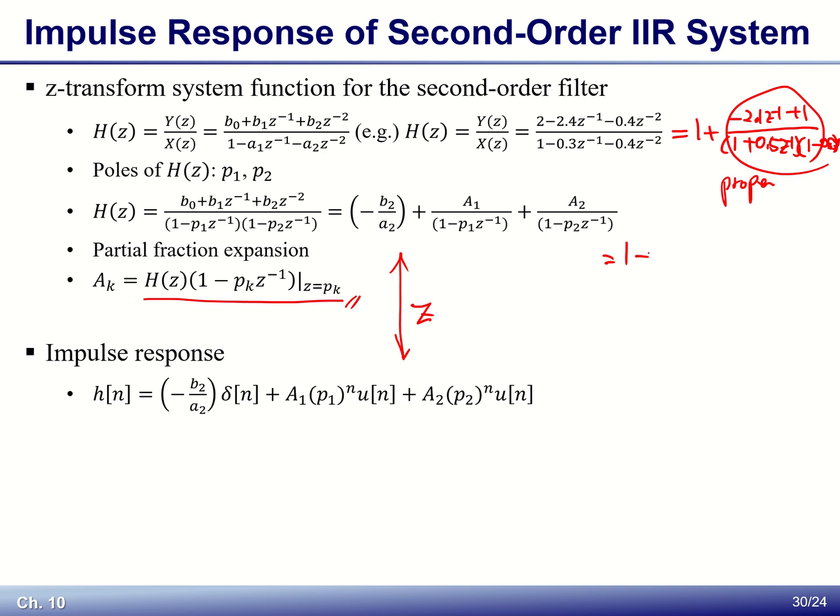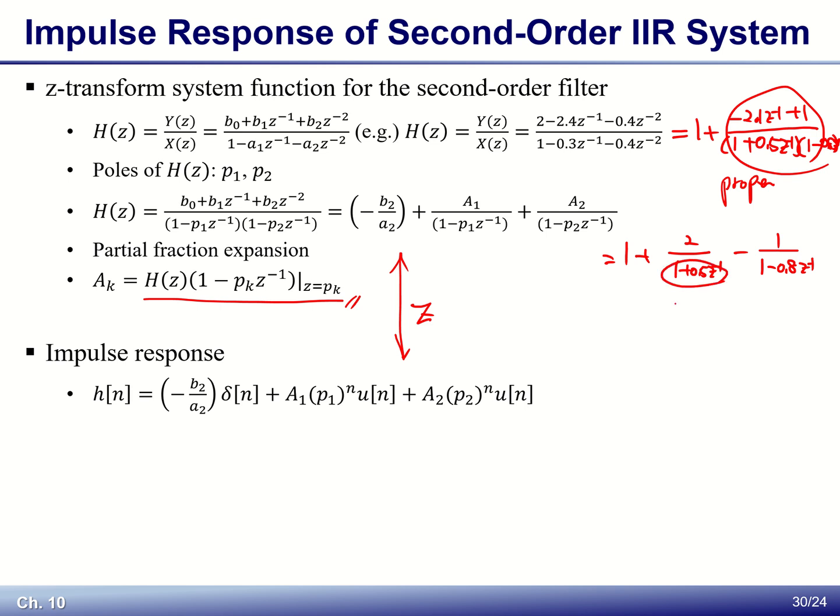So it will be 1 plus 2 over 1 minus 0.5 z^-1 and 1 minus 0.8 z^-1.